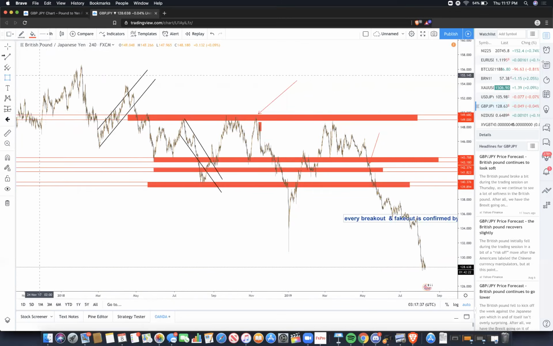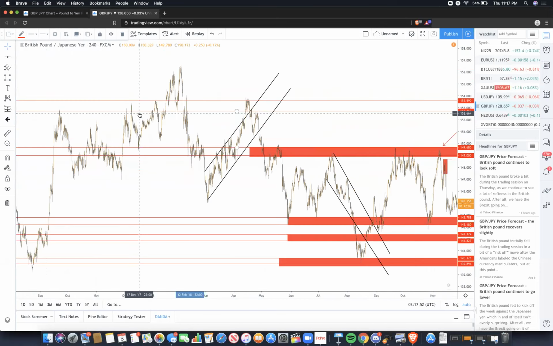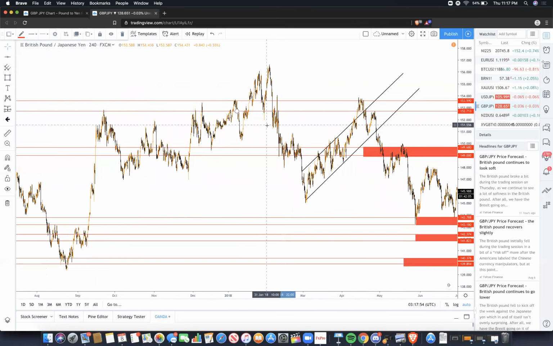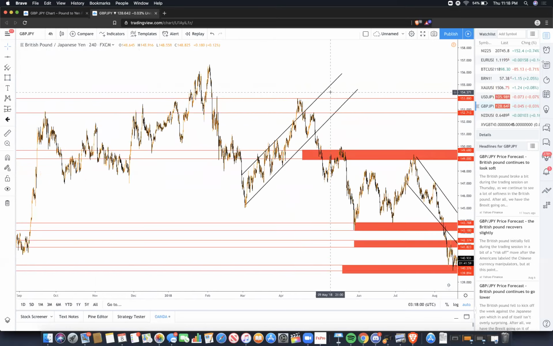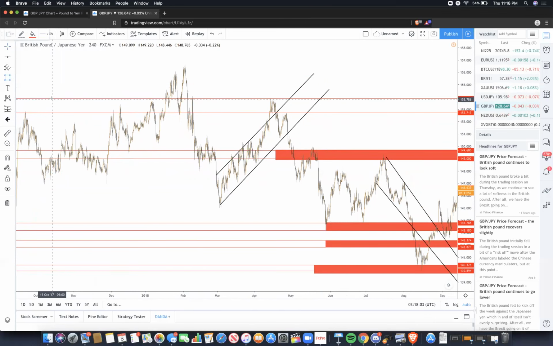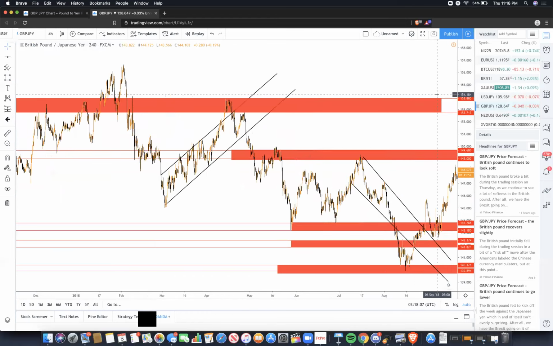If I go off of the high, and I look at either my previous high or the previous highest point, I'm going to go off of this high right here. So let's say this was my highest point, and this was the previous point. What the market did here was that it respected the zone here.